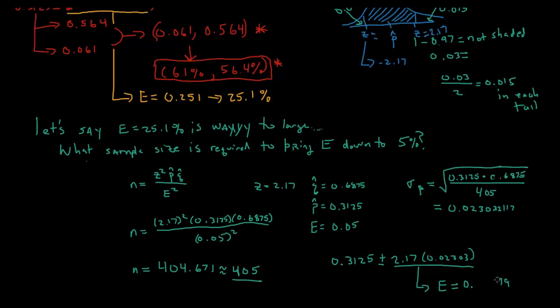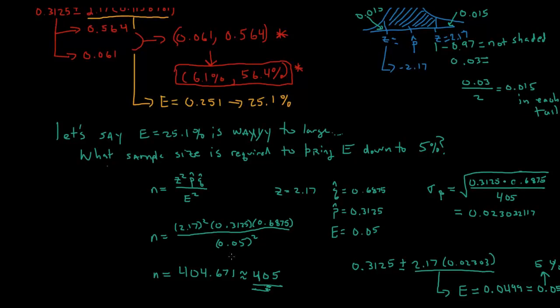There's a 0 to start with. I was writing 50%, which is not what we wanted. So we can say that is 0.05, which is 5%. So we can limit our margin of error to 5% by increasing the sample size.